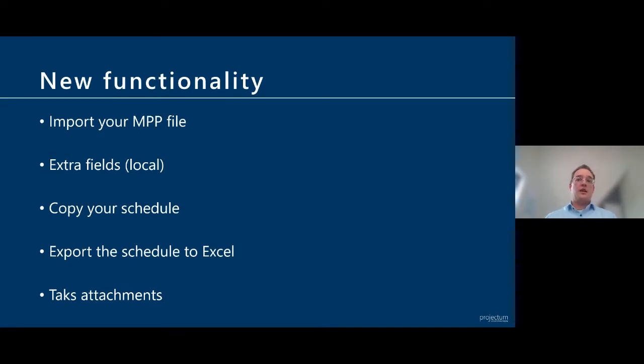So as a Microsoft project user, if you are extensively using that application, Project for the Web will not be a replacement for you. However, if you just use it to visualize a Gantt chart and visualize the work breakdown structure with some work effort, Project for the Web is an ideal solution.